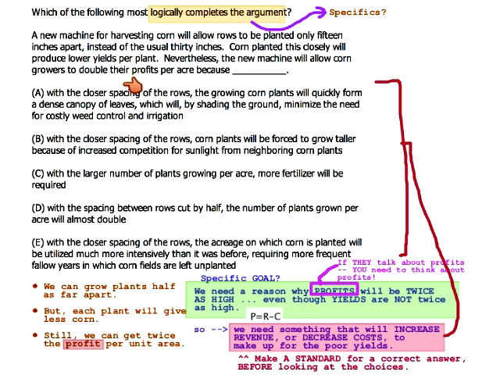All right, so A says, when you put the rows closer together like that, you will spend less on these things that cost stuff. That's good. That's what we want. If you look at B, you might have taller plants, but we still know that they're lower yields.